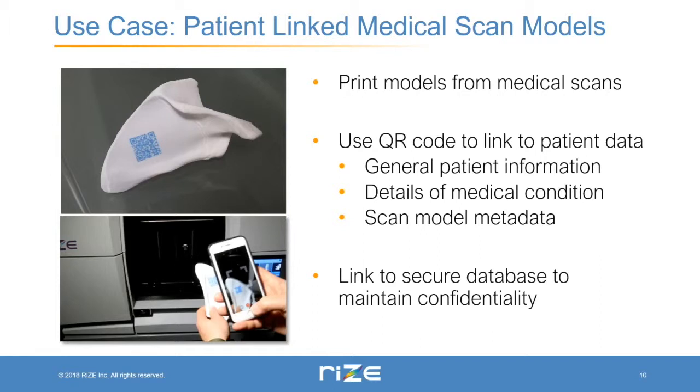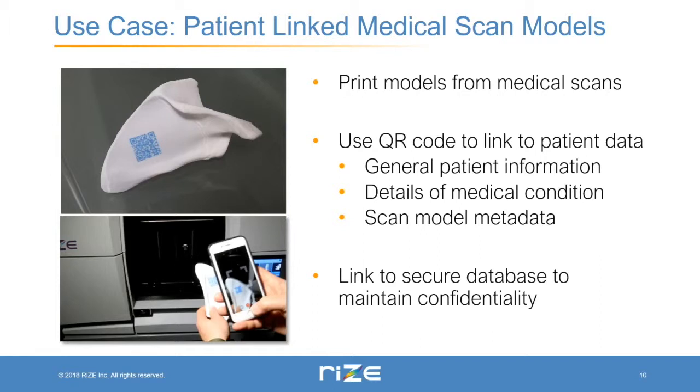Printing these models in 3D is useful for visualizing the problem during pre-surgery planning and can also enhance doctor-patient communication. QR codes can be a very effective tool in this case, where a QR code applied to the surface of a printed model can link that model to a database of information about the patient, their medical condition, and the scan metadata of this particular model.